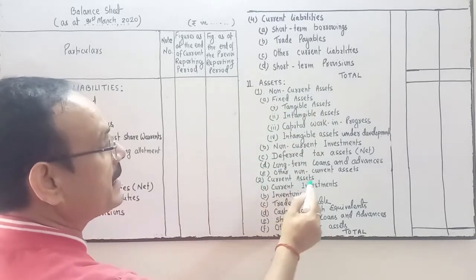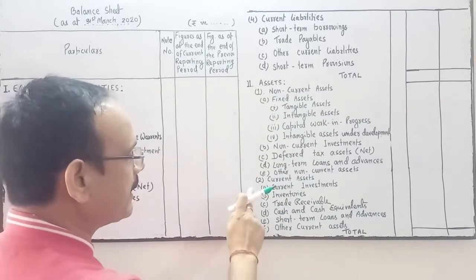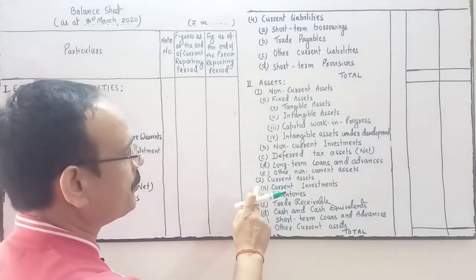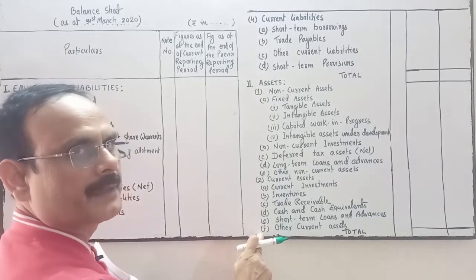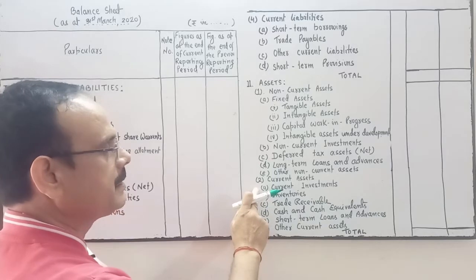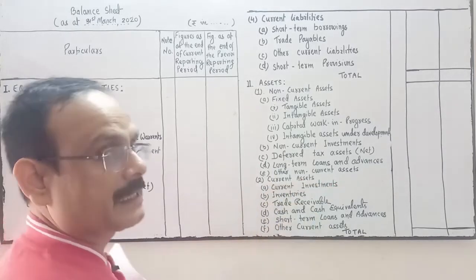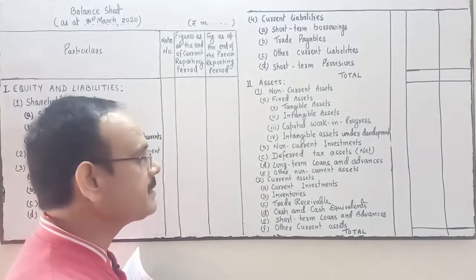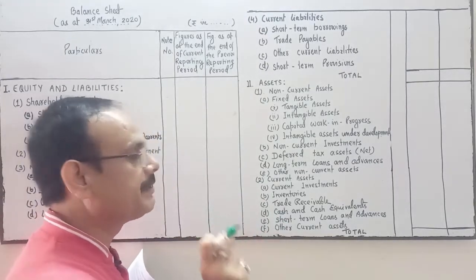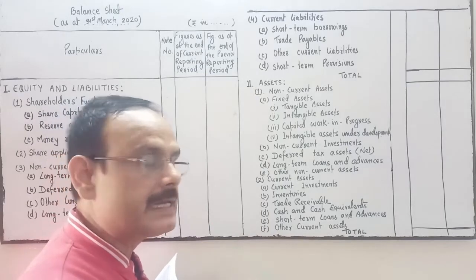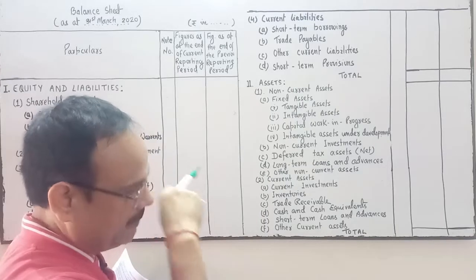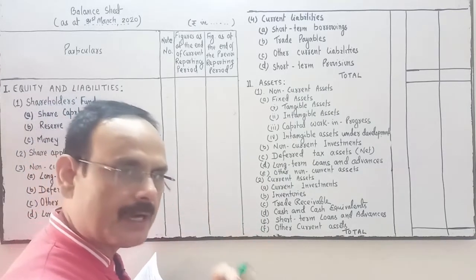Now come to the current assets. Under the current asset, there are 6 items from A to F. First subheading is current investment. Thereafter inventories. Thereafter trade receivable. Then cash and cash equivalent. Then short term loans and advances.